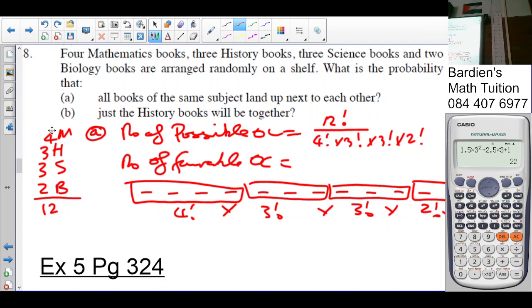Did we do this calculation the same way the last time? Let's check. So the probability will come out to be, yeah, I made a mistake here.